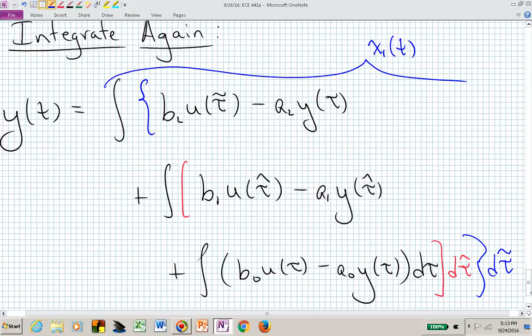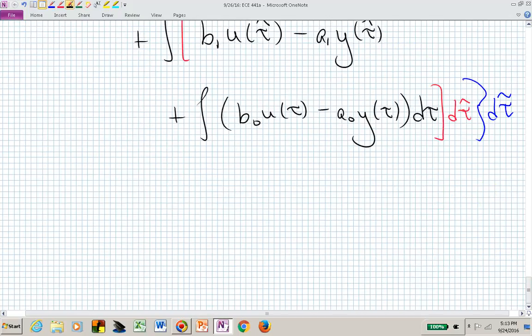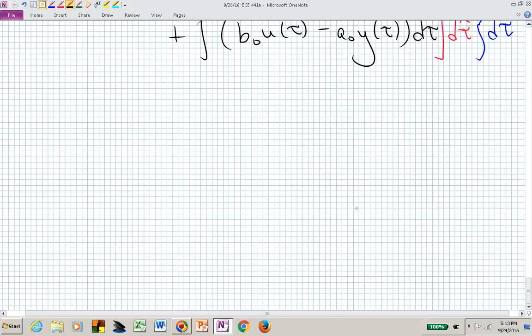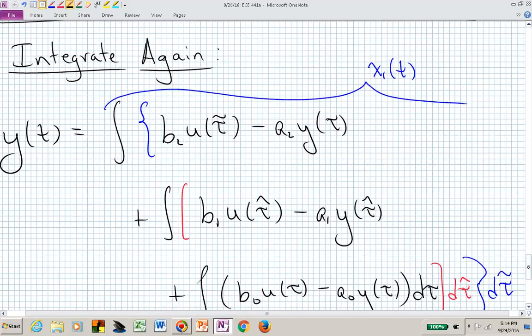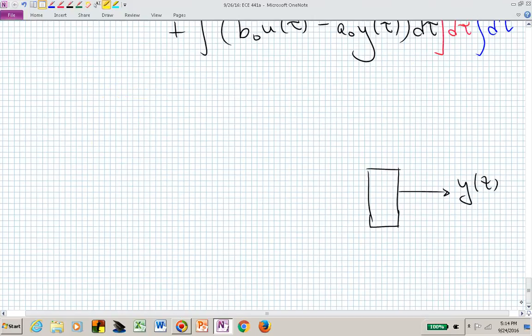So that now I have in my block diagram y of t coming out of an integral, which is right here, and the output of that integral I'm calling x1 of t.